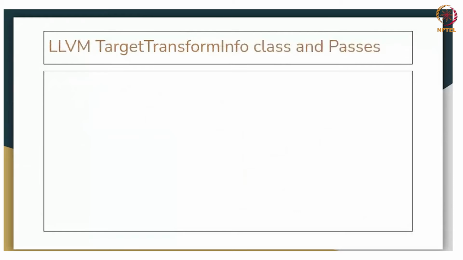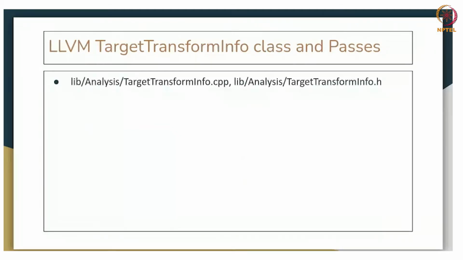So LLVM provides a TargetTransformInfo class and passes. This can be found in lib/Analysis/TargetTransformInfo.cpp in the LLVM source folder. This provides access to the cost interface.